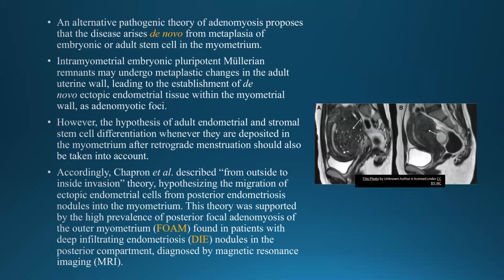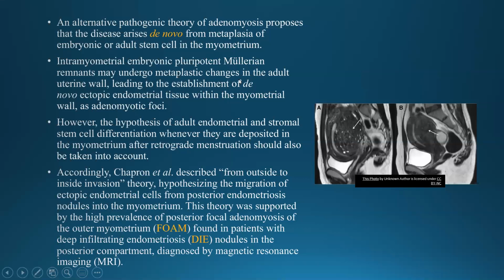So intramyometrial embryonic pluripotent Mullerian remnants may undergo metaplastic changes in the adult uterine wall. What will this lead to? It will lead to the development of de novo ectopic endometrial tissue within the myometrial wall as the adenomyotic foci. If you look here, this is an adenomyotic focus explained by this theory.